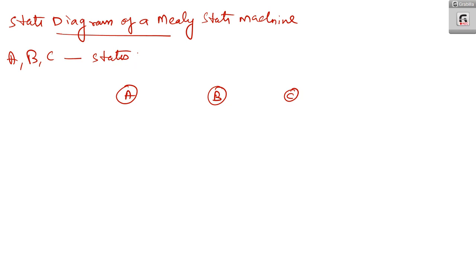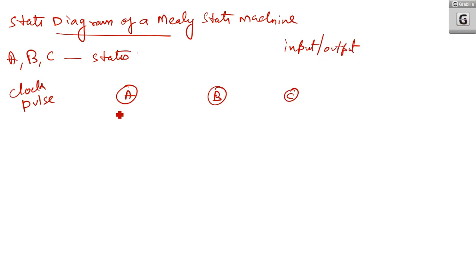Now, here on the application of a clock pulse, you need to jump from one state to another state or remain in the present state itself. That is the only provision. So, generally here what you are doing is you are having some representations as input bar output.